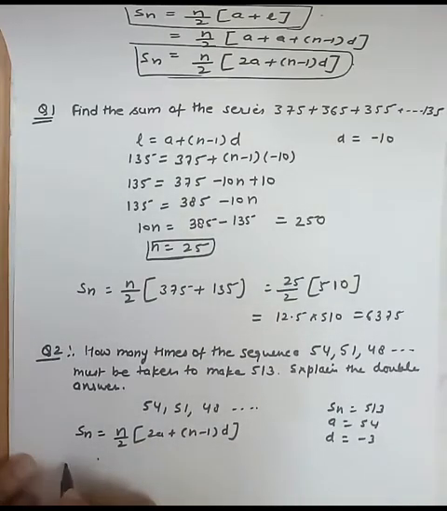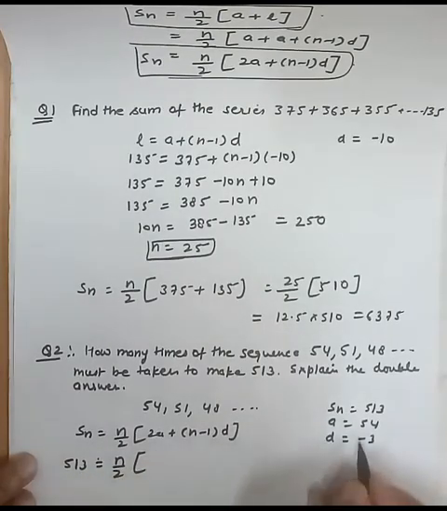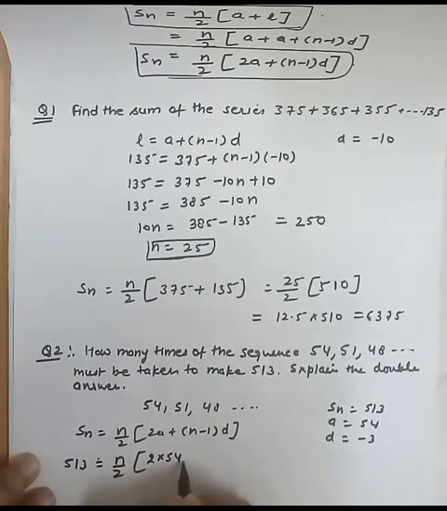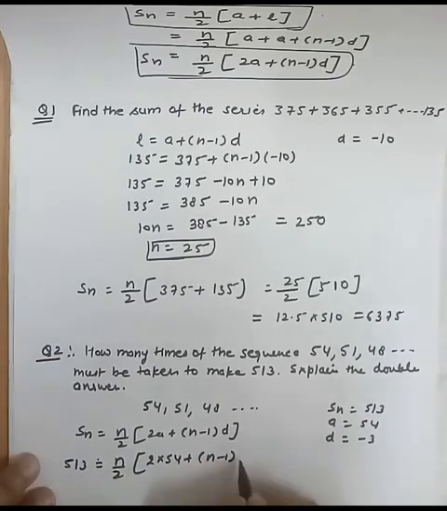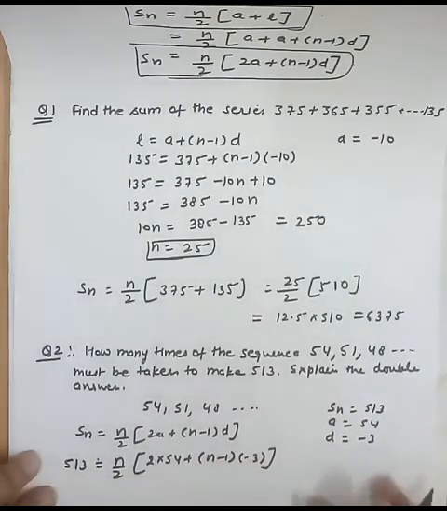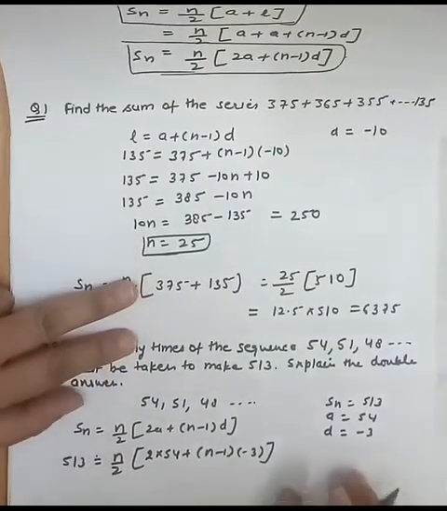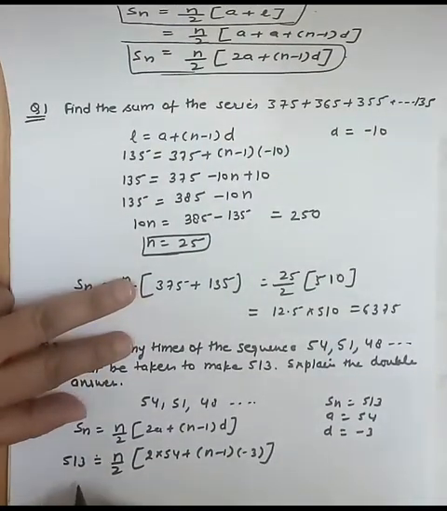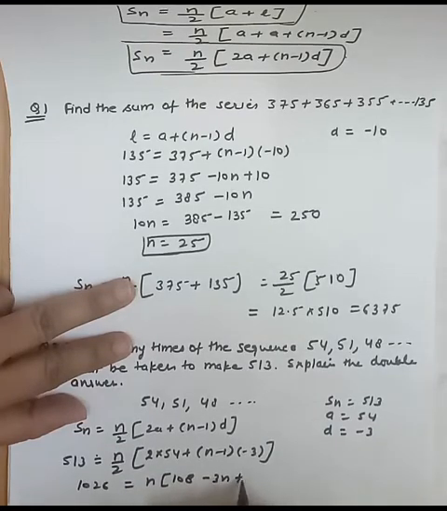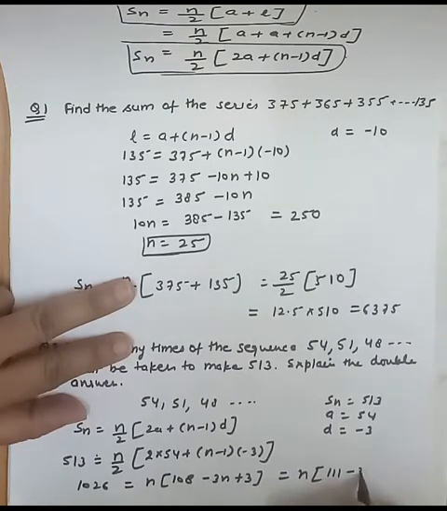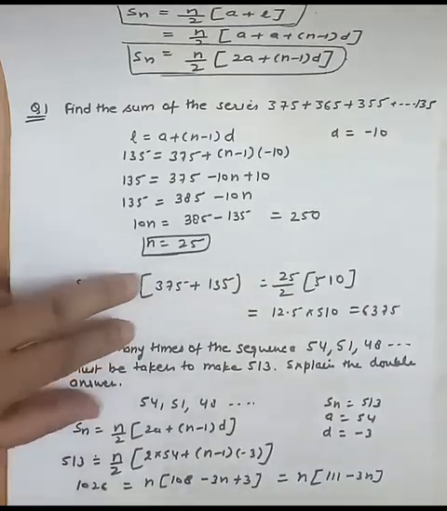Now you can apply n by 2, 2a, where a is 54, you don't know n, and d is -3. Now you simplify this equation, and we get the equation.